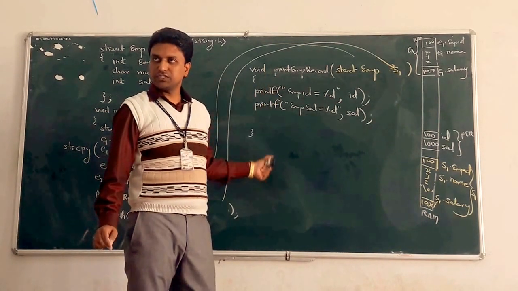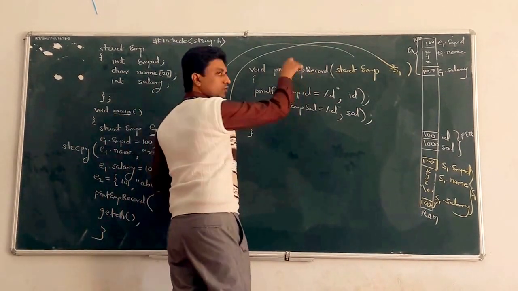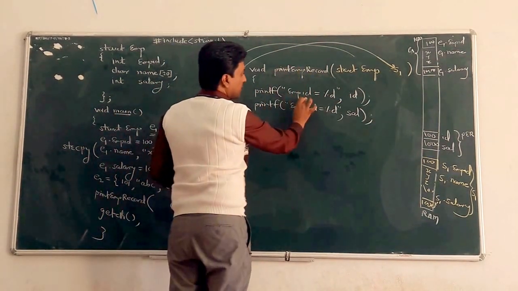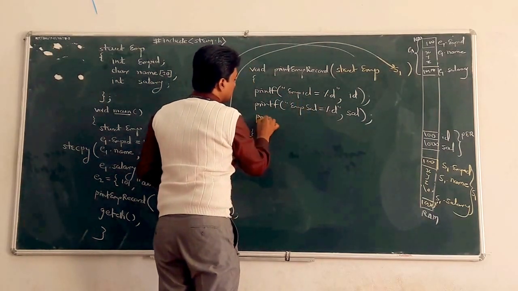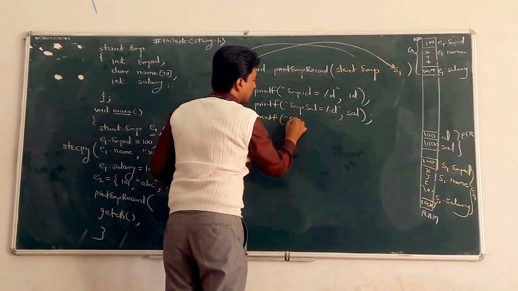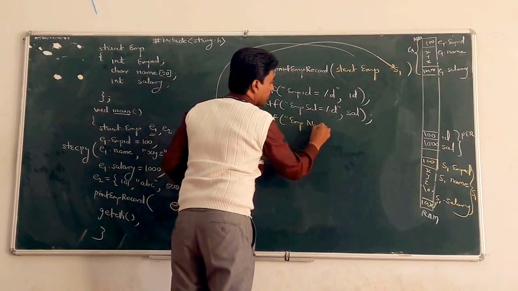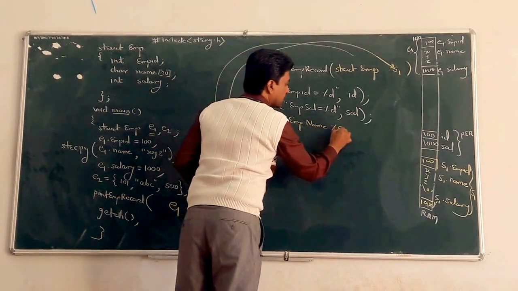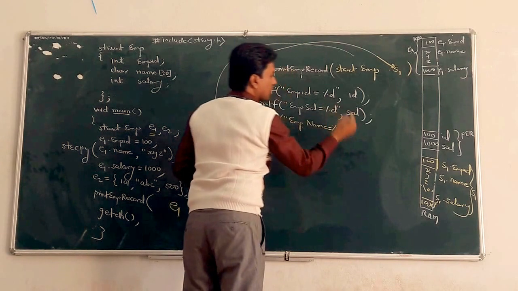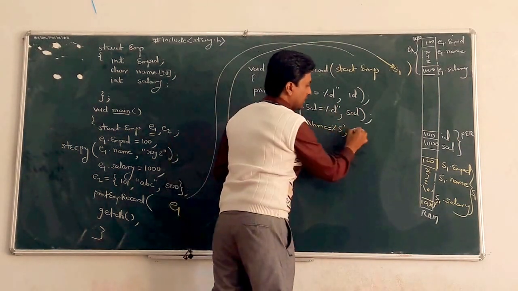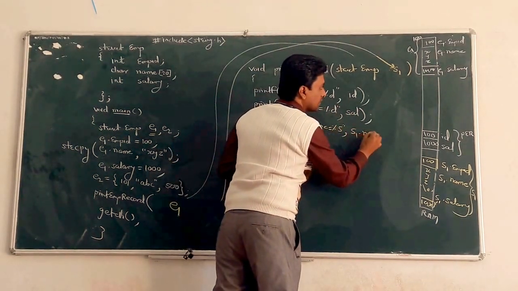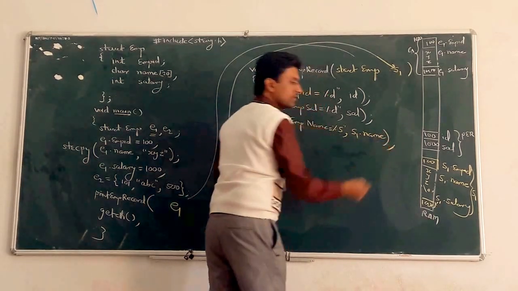What is the function of print employee record? To print the whole record. So print employee ID, then salary, and suppose we want to print employee name is equal to %s, comma, now what? S1.name.